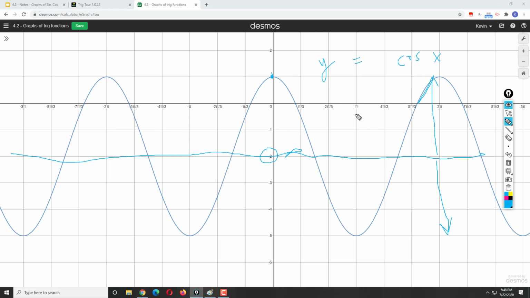But it's not just cosine x, because from the middle, negative 2, we're going up 1, 2, 3. So the amplitude is 3. So this should look like y equals 3 cosine x. Finally, the y-intercept is negative 2. So the graph should be y equals 3 cosine x minus 2.